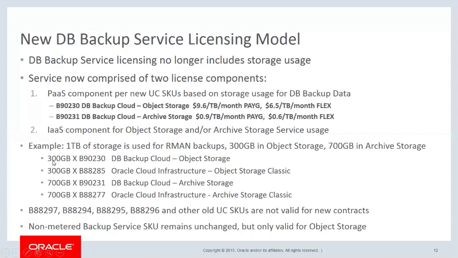They will be charged for the 300 gigabytes of Database Backup Cloud object storage, that is this SKU here, plus the 300 gigabytes of Oracle Cloud Infrastructure Object Storage Classic. That will be separate. Similarly, for archive storage, they will be charged for the 700 gigabytes of Database Backup Cloud archive storage plus the 700 gigabytes of Oracle Cloud Infrastructure Archive Storage Classic.